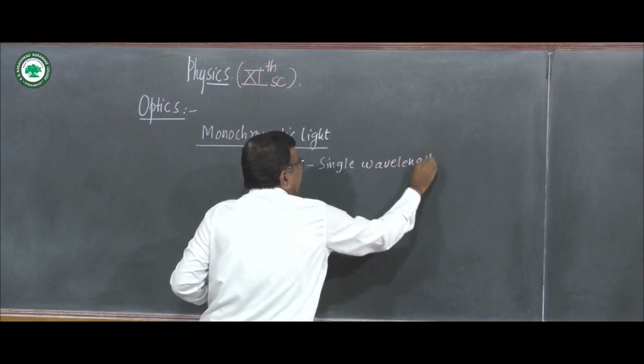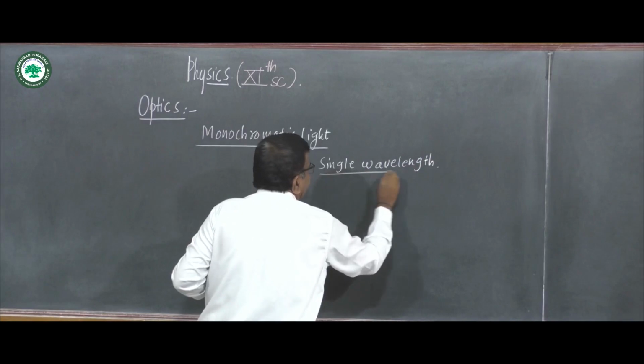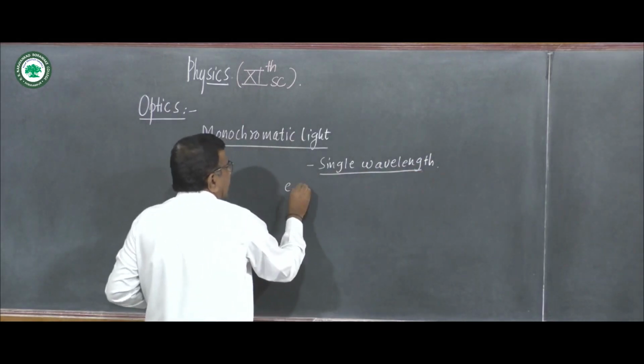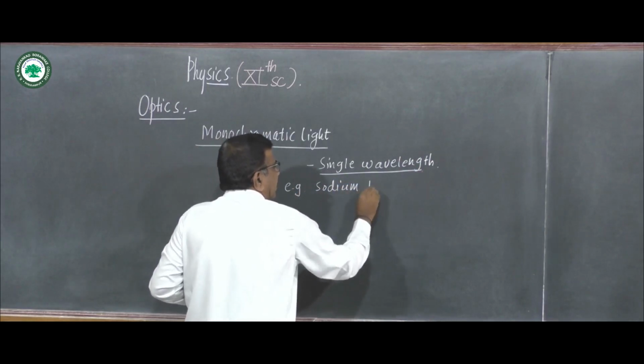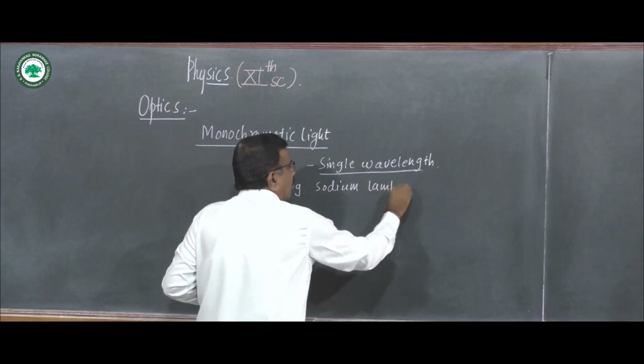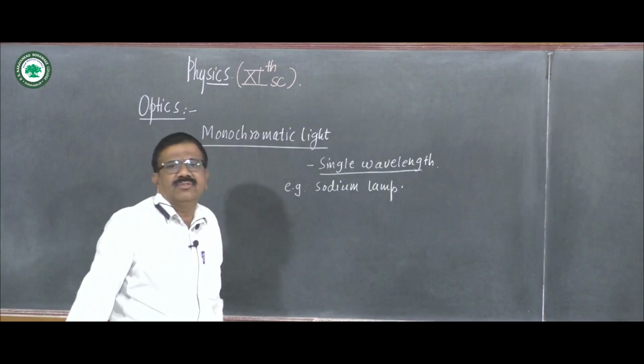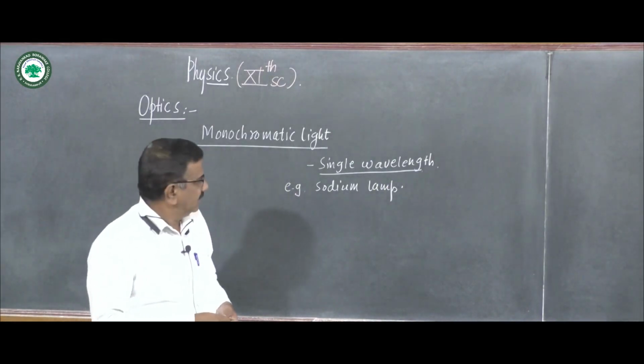For example, a sodium vapor lamp emits monochromatic light which consists of a single wavelength.